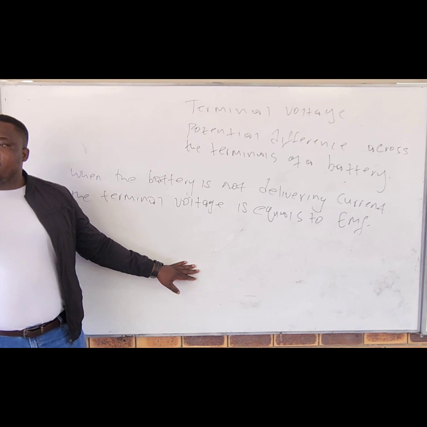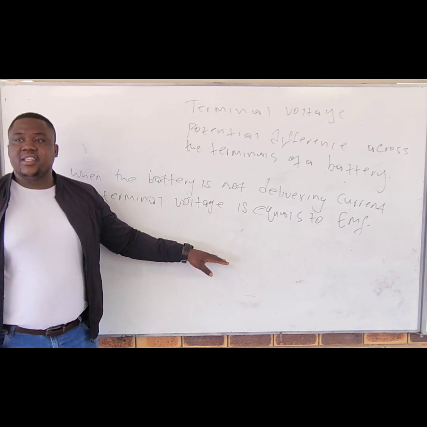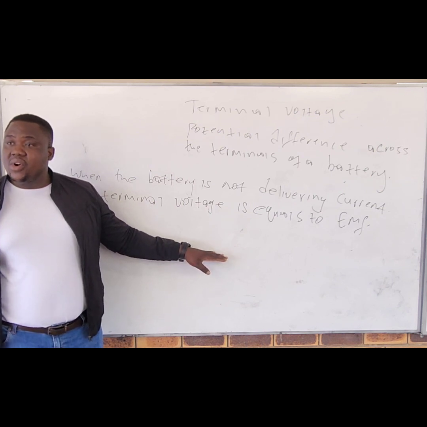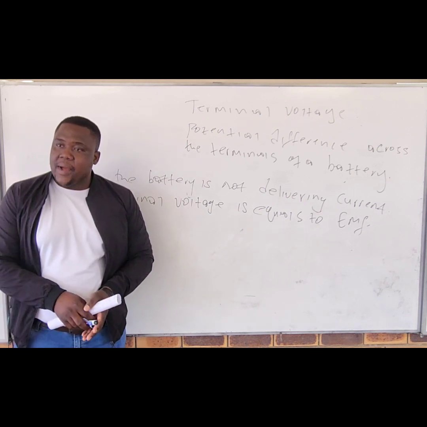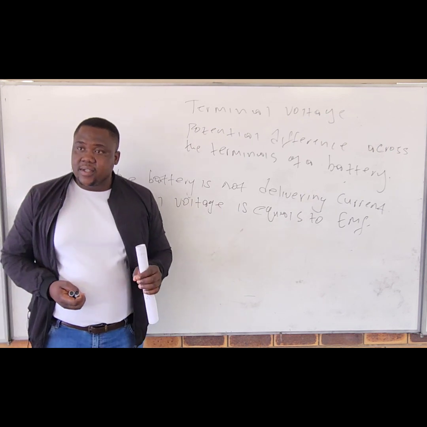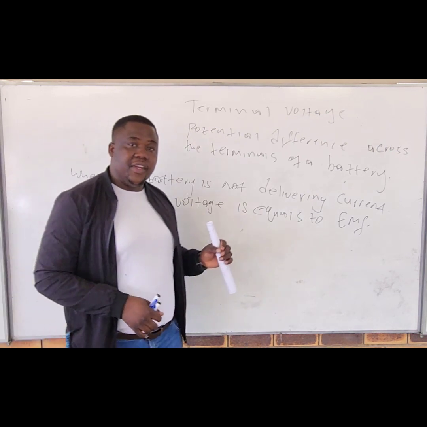Why is that? It's because the battery is not delivering current. There is no energy that is going to be lost, right? But what will happen? Immediately, the battery starts to deliver current. Some of the energy will be lost in the form of heat.